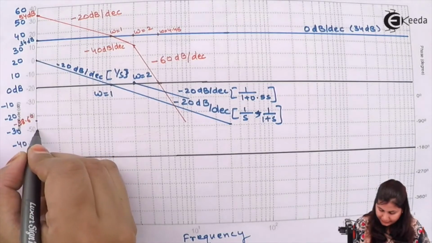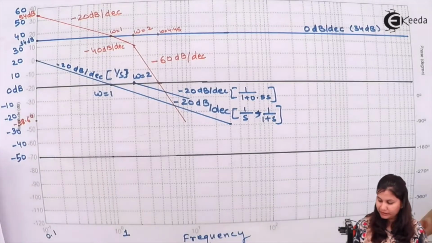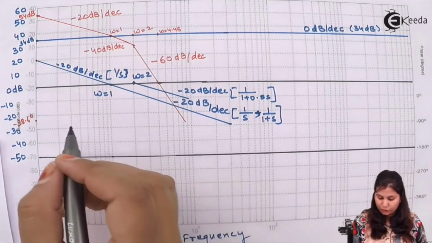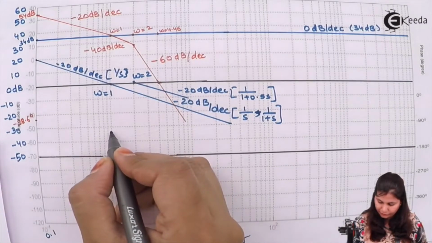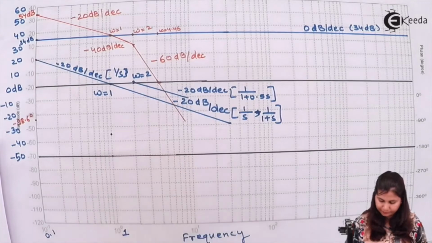This is minus 90 degrees. This will be between minus 90 and minus 180. We will have this point. So mark it. It will be somewhat in the middle of this. 90, 161 will be here.